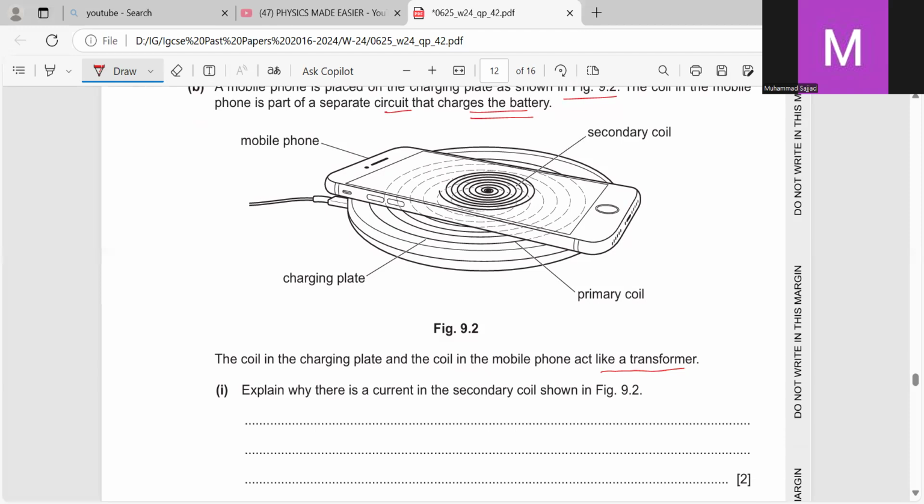Explain why there is a current in the secondary coil shown in figure 9.2. Again 2 marks are there, and a very basic concept we will be using.